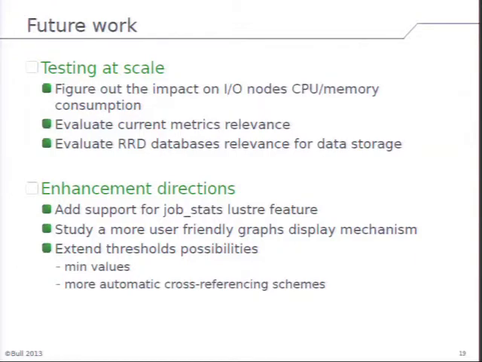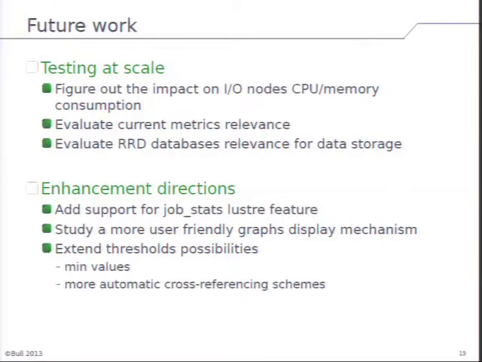And the third extension that we would like to do is to enhance the thresholds mechanism in order to be able to, for example, specify mean values that metrics must not go down.